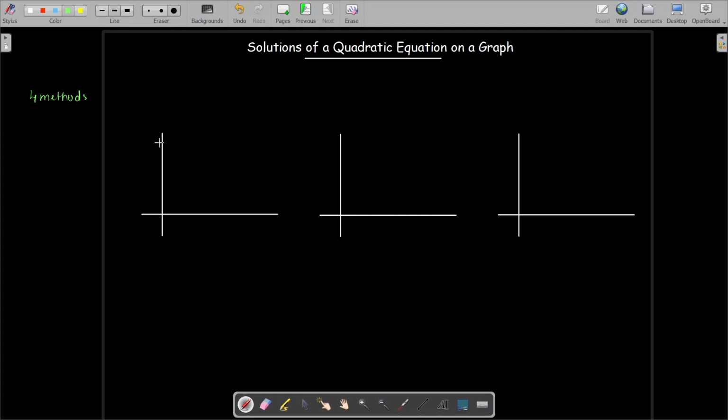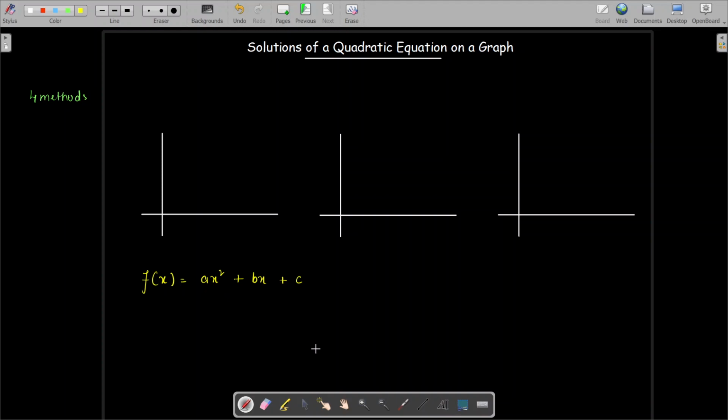Now every quadratic equation has a related quadratic function, which can be written as f of x equals ax square plus bx plus c.